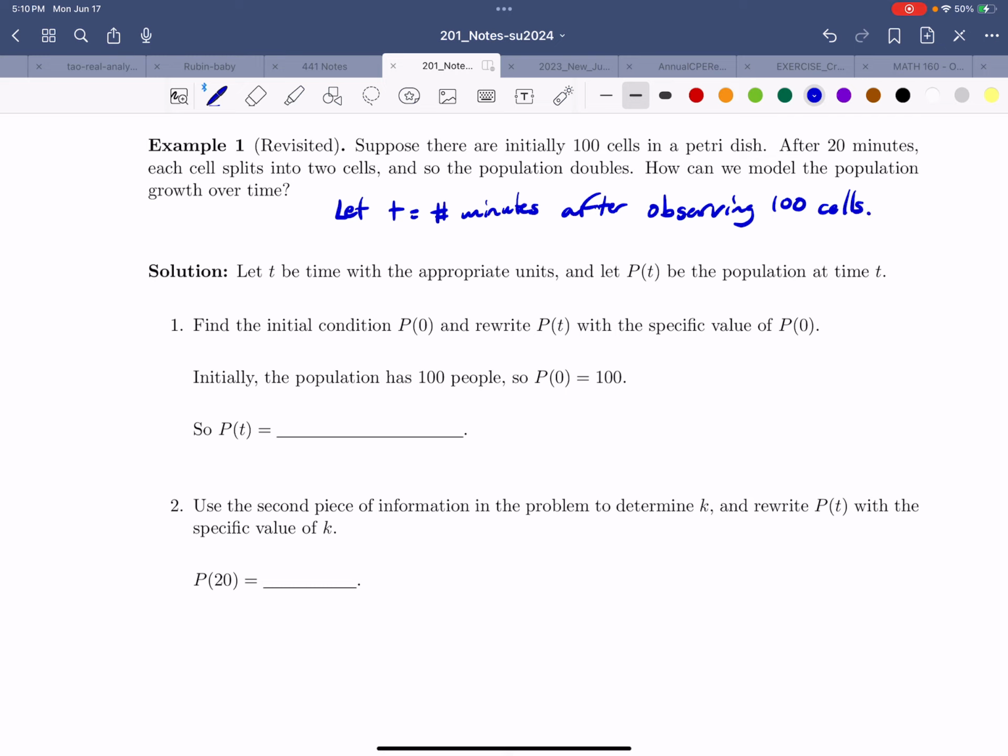That way, when we observe that there are 100 cells, that's t equals 0. And then we also want to let P of t equal the number of cells at time t.